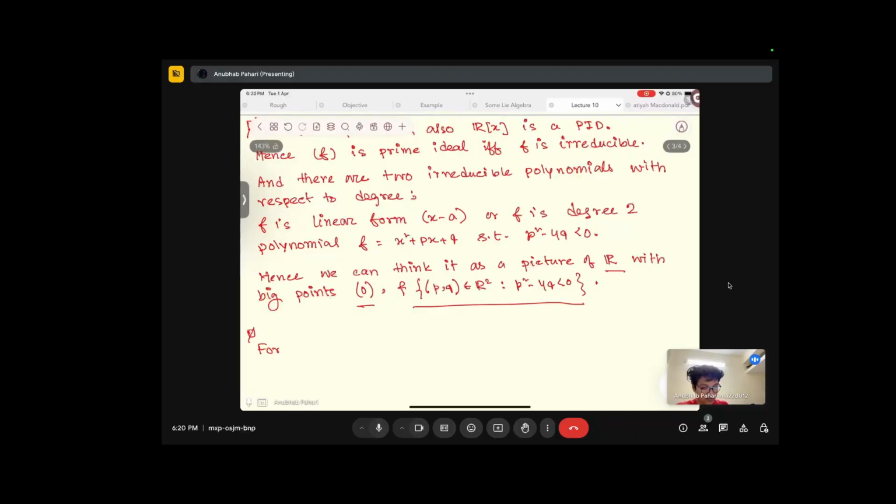Now Zx is little trickier because Z is not a field, so Zx is not a PID. So you'll see how we formulate this Peck diagram.